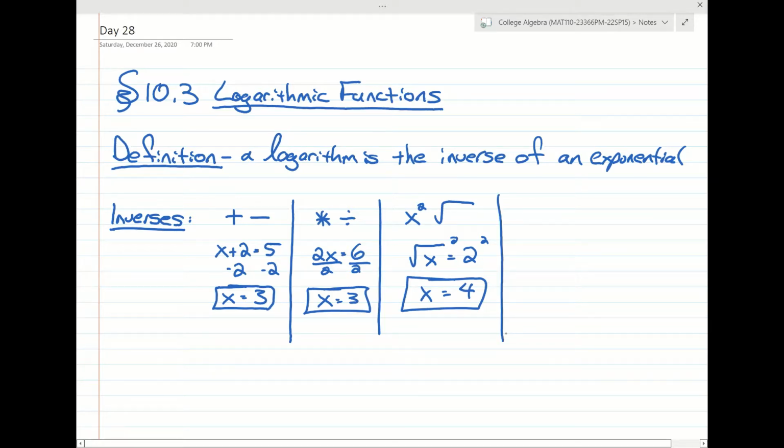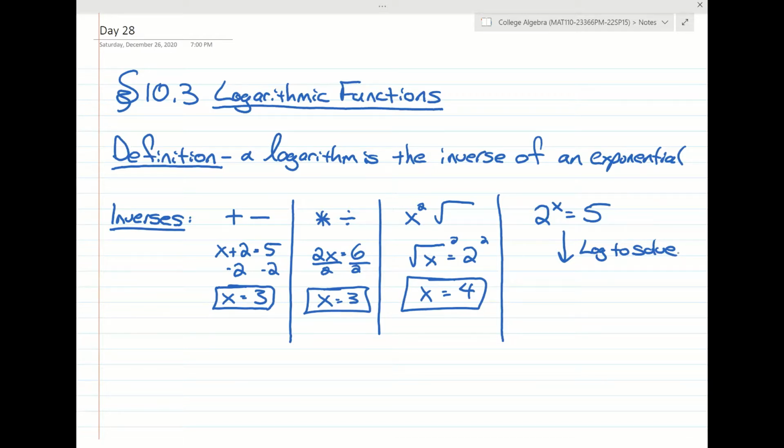By the same token, this is why logs exist, because if we have a problem where it's 2 to the x is equal to 5, we use logs to solve. We'll be going over how to do a problem like this in a minute. If you do have your calculators, why don't you get them ready to go, because we will be needing calculators later in today's lesson.